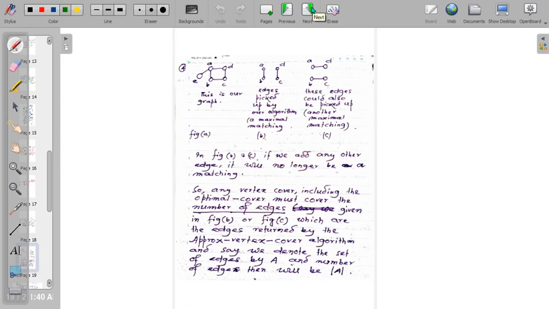Now you see this. We had this graph, our original graph. The way vertex cover picks up the edges, it could have a structure like this, or it could have a structure like this.